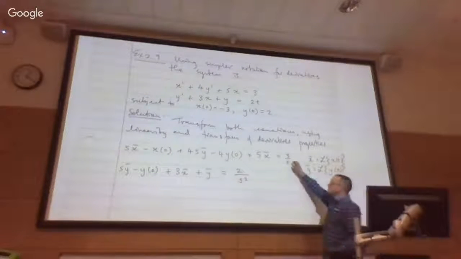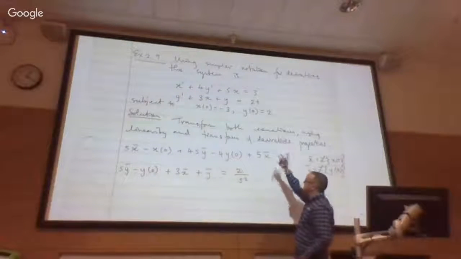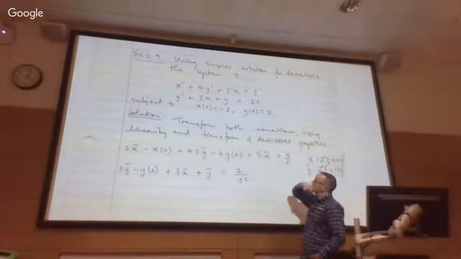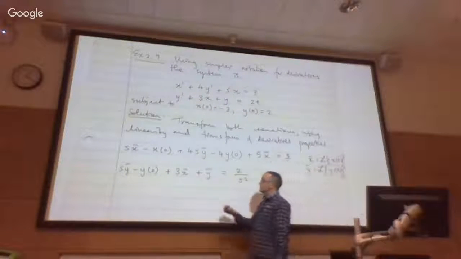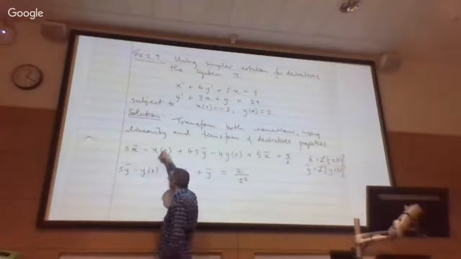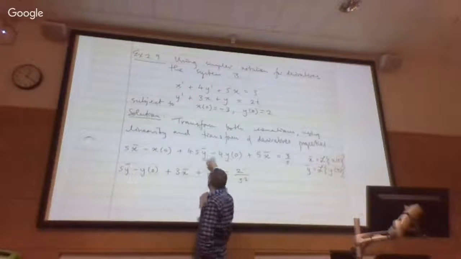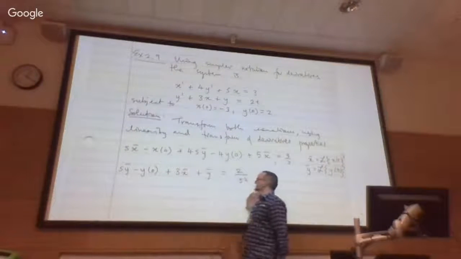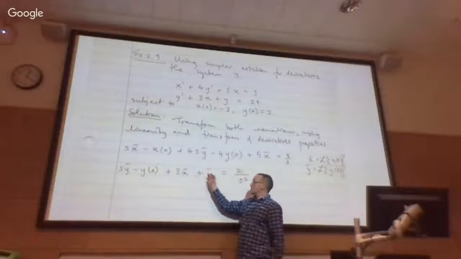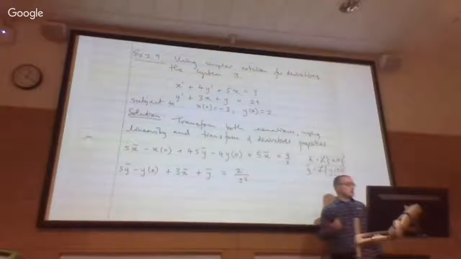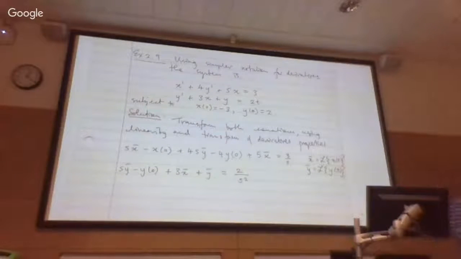So using standard transforms, the transform of a constant, the transform of a multiple of t, and the transform of derivatives property to generate terms like these, and then writing x bar and y bar for the transforms of x and y themselves. So that's the end of that step, transforming both equations.